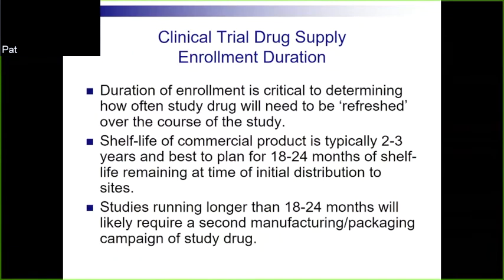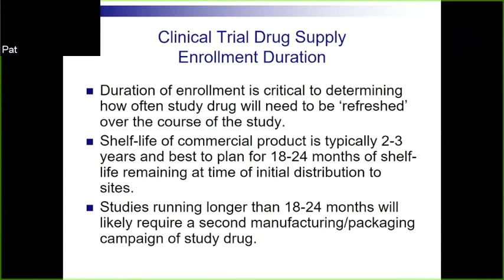Now moving into some of the timeline considerations as you're developing the plan for your investigational product. One of the most critical pieces of information, and often most difficult to nail down at the beginning of the study, is the enrollment duration. That really drives how often we're going to need to refresh the study drug over the course of the study.